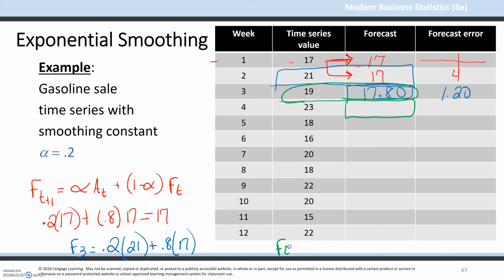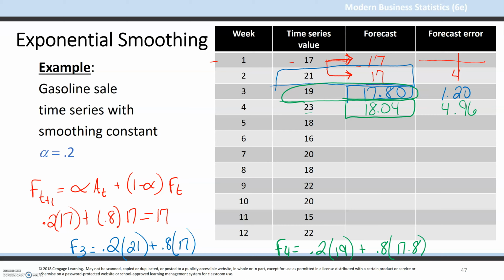So the forecast for time period 4 is once again the alpha assigned times the actual, which was 19, plus 1 minus the alpha times the forecast of 17.8. Doing the math, that gives me a forecast of 18.04. Taking my actual for period 4, subtracting my forecast, gives me an error of 4.96.